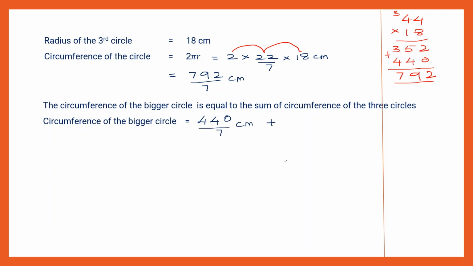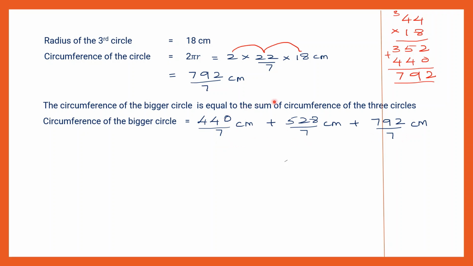Circumference of the second one is 528 by 7 centimeters. And the circumference of the third one is what we just found out, 792 by 7 centimeters.